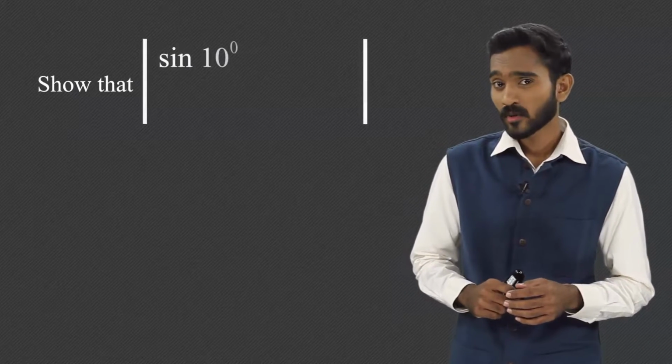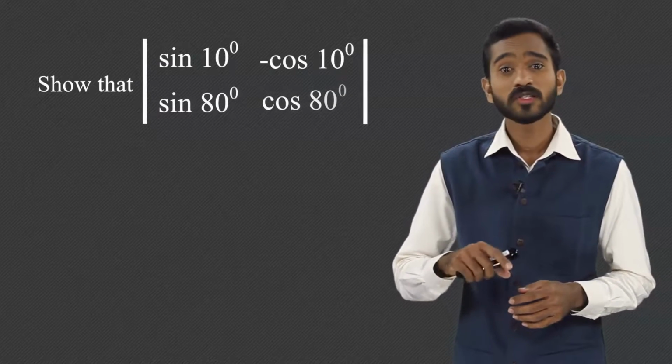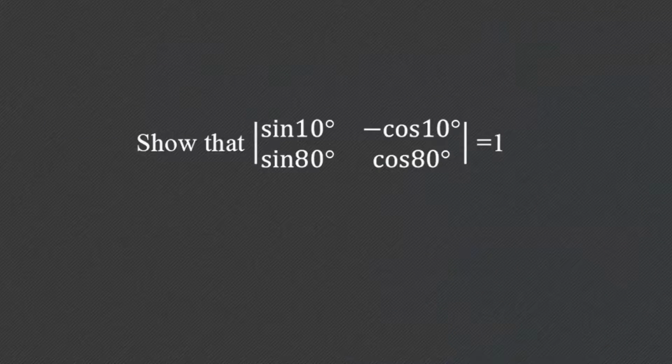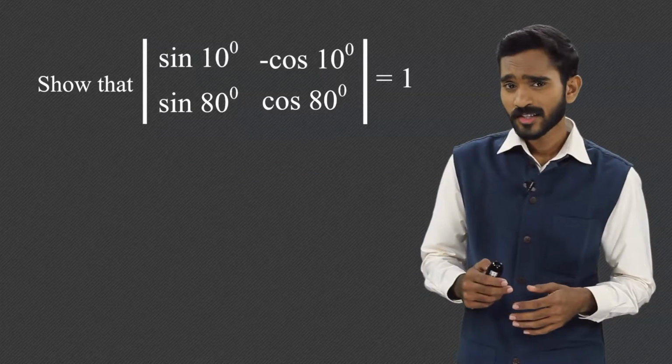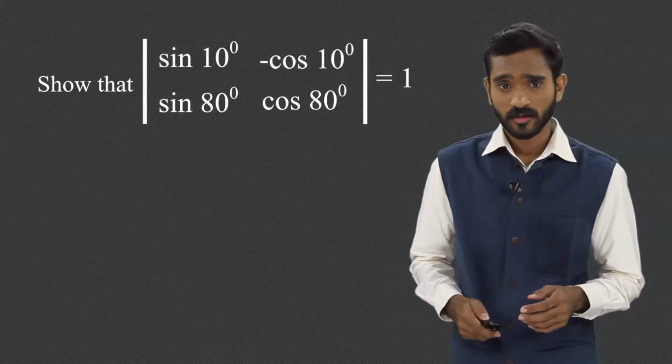Yes. Show that the determinant of sine 10 degree, minus cos 10 degree, sine 80 degree, cos 80 degree is equal to 1. Let's consider the LHS, or the left hand side, of the given equation.